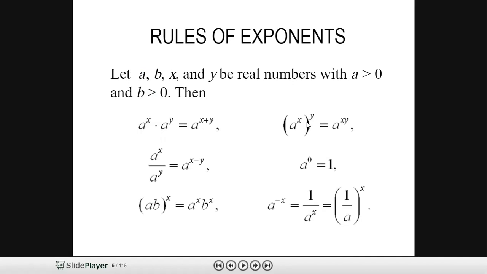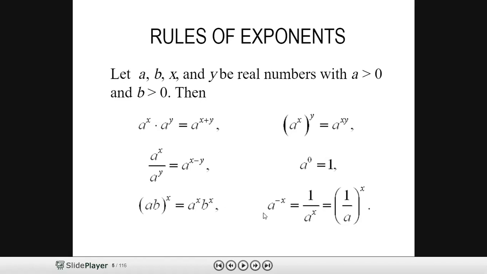Similarly, if two exponential functions are dividing each other and the bases are the same, then the difference is taken as the power. And if the exponent is given to the product of two, then it gets the power to each and everything. That is, a is getting power x and b is also getting x.